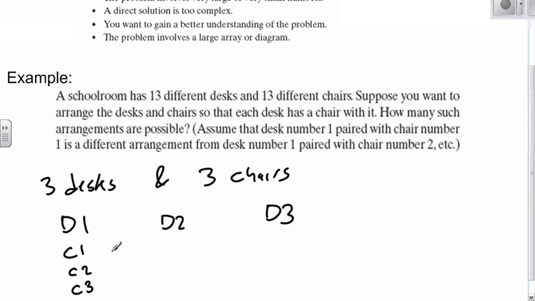If it gets chair 1, desk 2 could get chair 2, and desk 3 could get chair 3, or we could flip those. Desk 2 could get chair 3, and desk 3 could get chair 2.